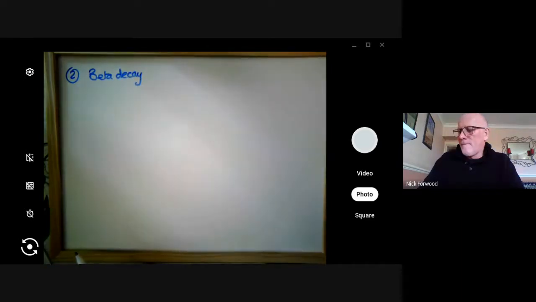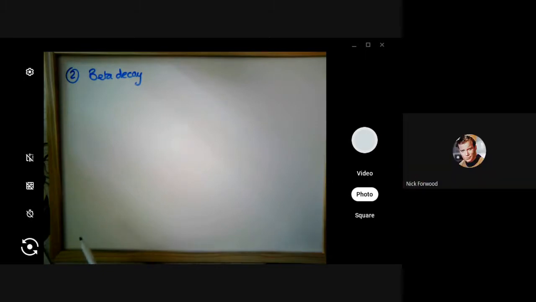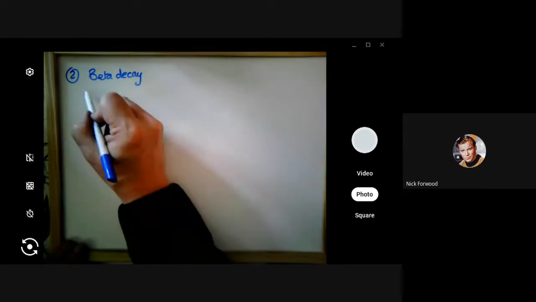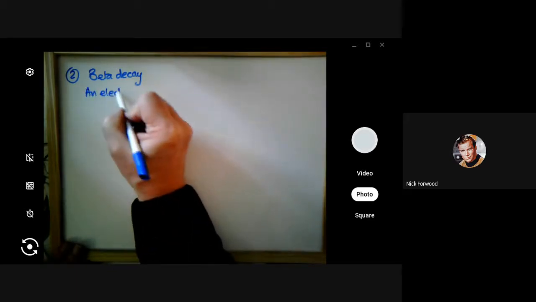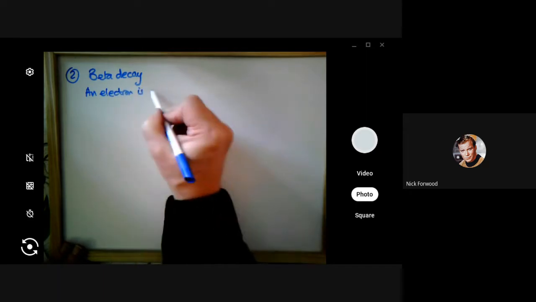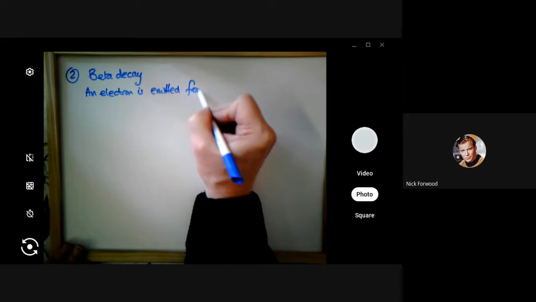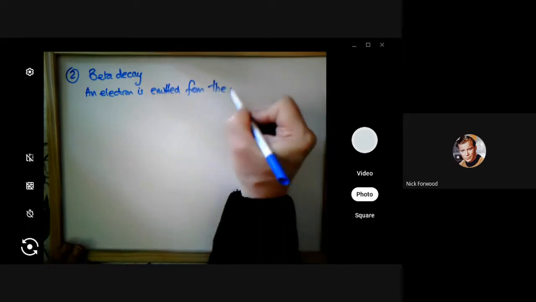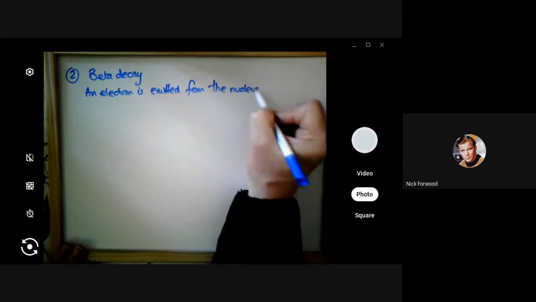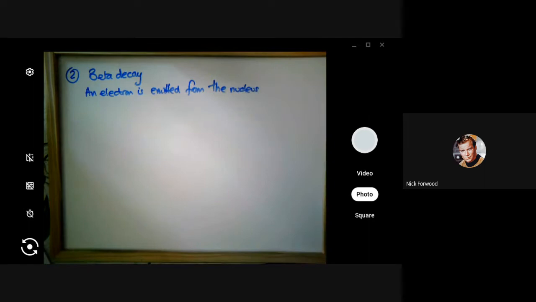Okay, so the revision for beta decay is that an electron is emitted from the nucleus. The very first time we did this, I always get people saying, but there are no electrons in the nucleus.